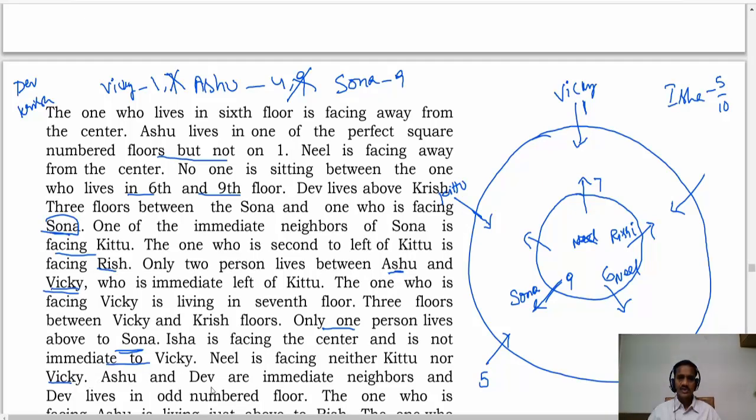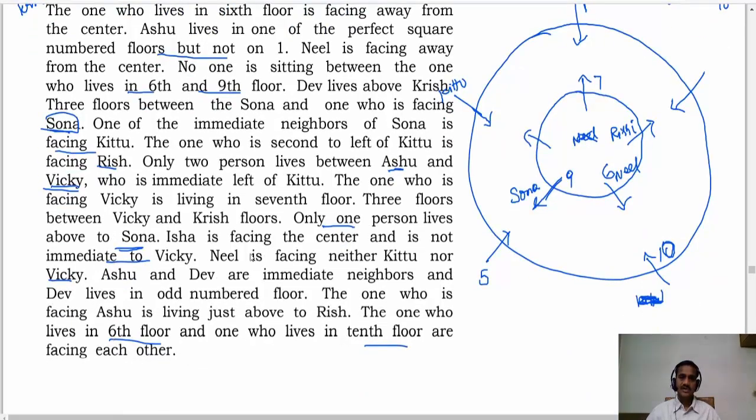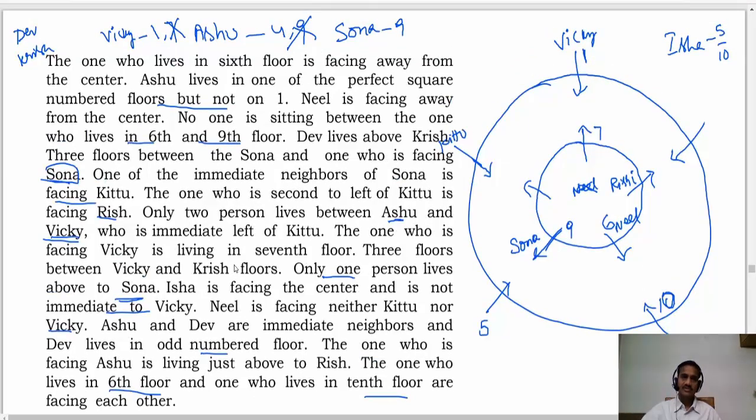Ashu and Dev are immediate neighbors, and Dev lives on an odd number floor. Ashu and Dev are immediate neighbors, so where is Ashu? Ashu is 4.